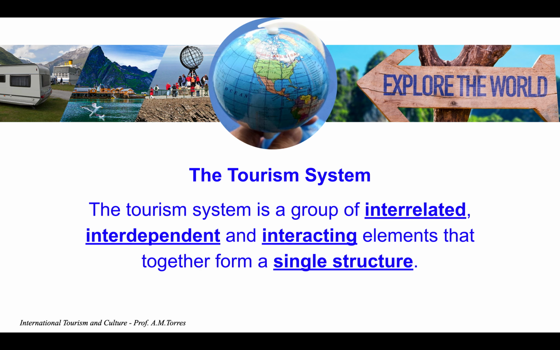Let's take a look at the relations of countries in the world when it comes to tourism. So, how are they related? Countries are actually related as a system within tourism because each country allows the entry of tourists in their country. So, to be specific, I would like you to take a look at Korea.